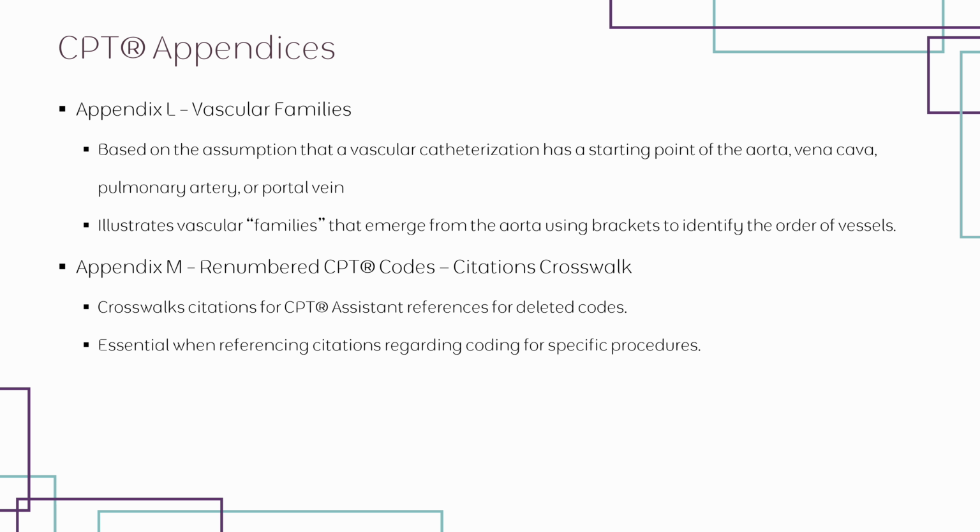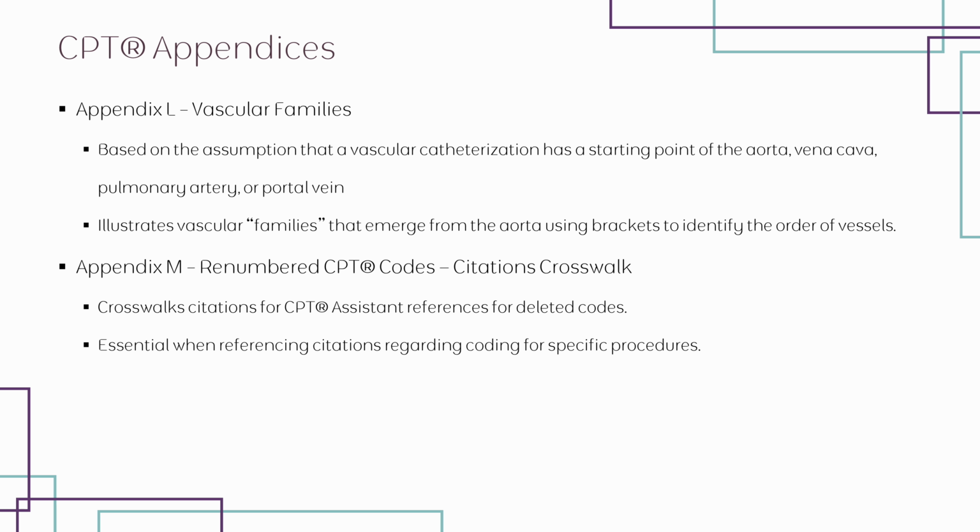The first order branches are the largest vessels that emerge directly from the aorta. The second order branches emerge from those first order branches, and then the third order branches will branch off from the second order vessels. Beyond third order refers to any additional branching beyond the third level.